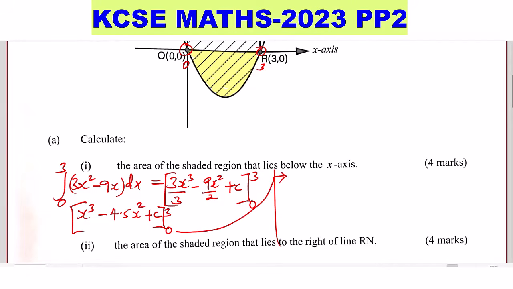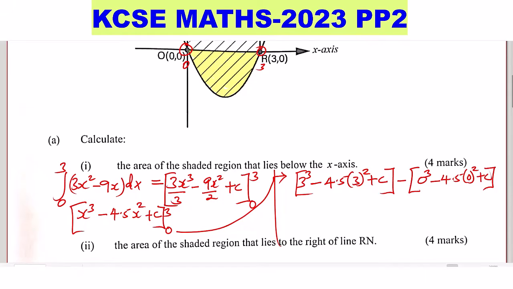So from here now, we start by substituting 3 where we have x. So we have 3 cubed minus 4.5 times 3 squared plus c. Then substitute x with 0. So this will be 0 cubed minus 4.5 times 0 squared plus c.